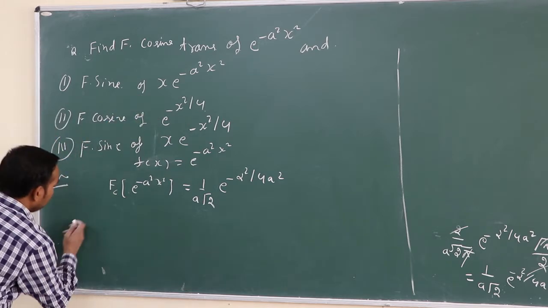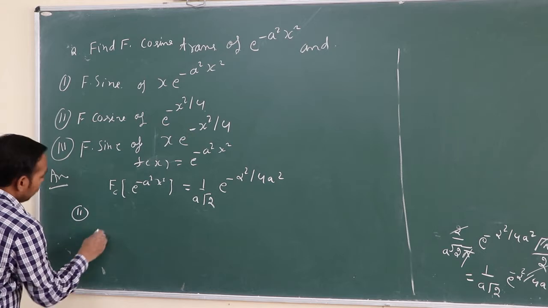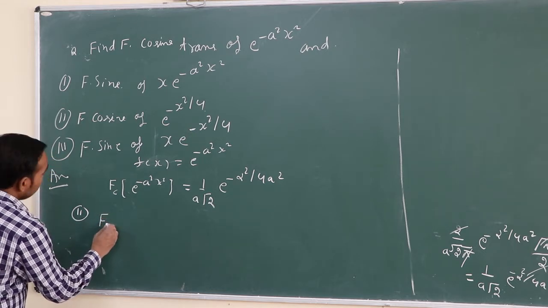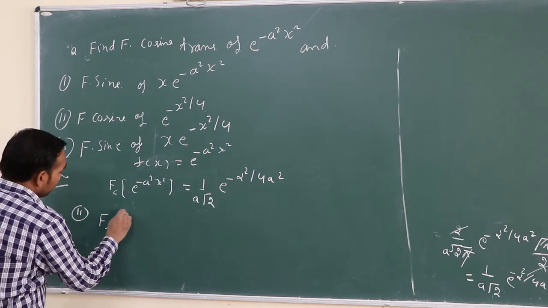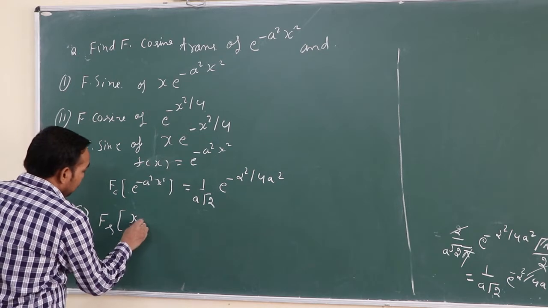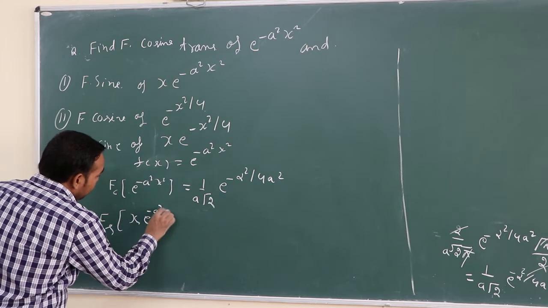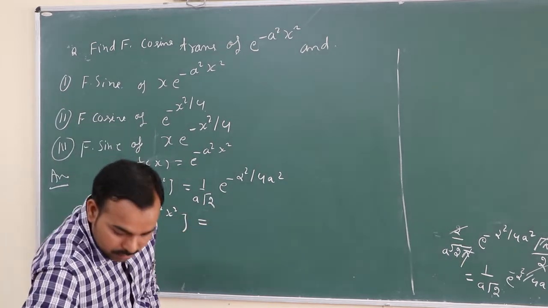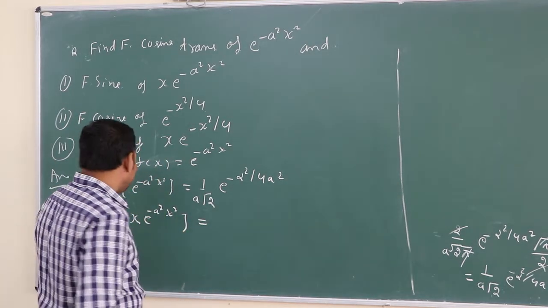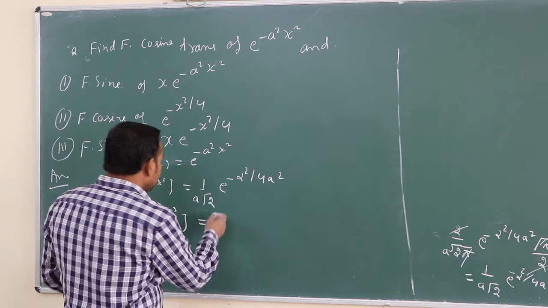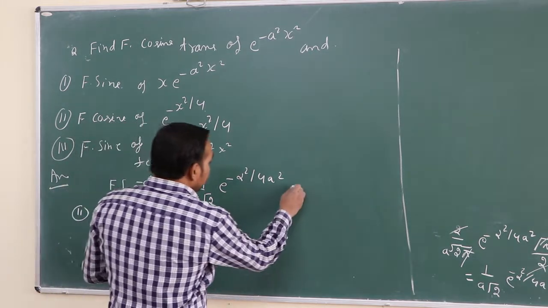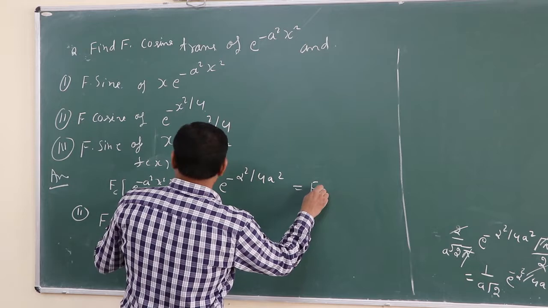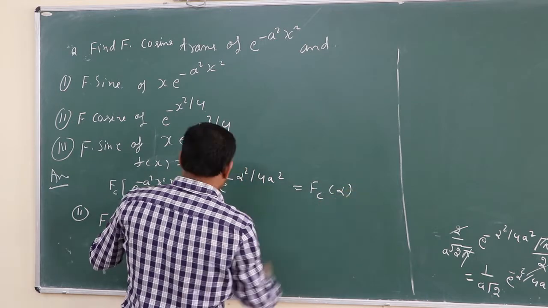Now we want to find the Fourier sine transform of this. So we want to find the second one, the Fourier sine transform of x e to the power minus a square x square. Say this is f c alpha.